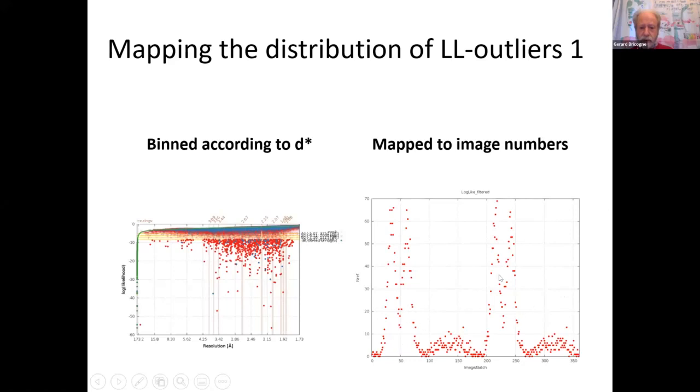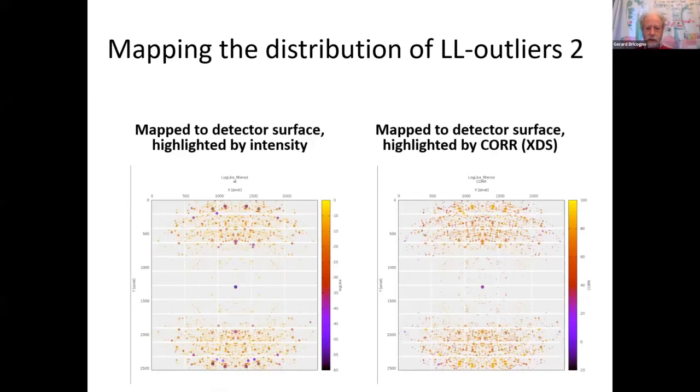There's a very systematic structure in where those outliers are found in image space. If we look at the detector surface, either highlighting by intensity or highlighting by the profile correlation produced by XDS on integration, we see that these are perfectly well integrated reflections.